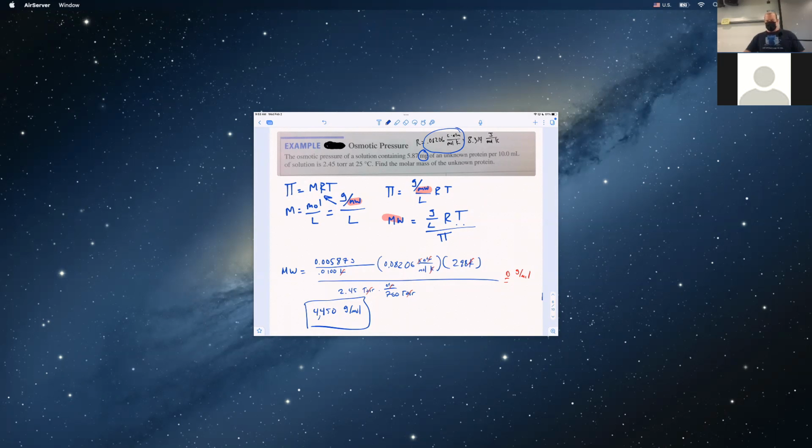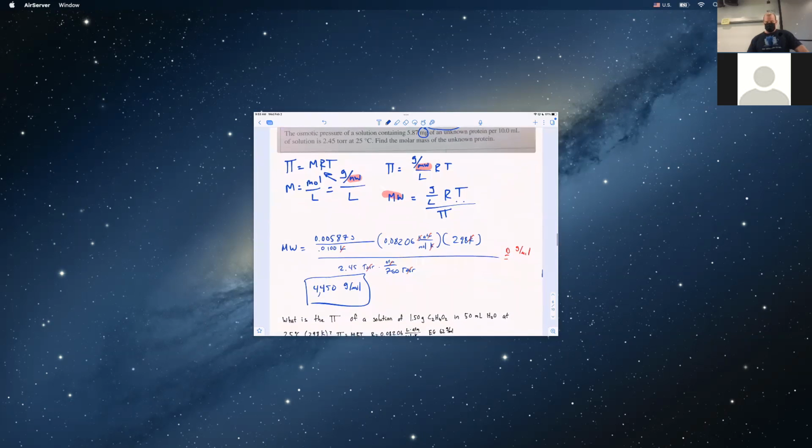We solve for molecular weight, and we find that molecular weight equals the mass of the substance divided by the liters of solution, times the gas law constant times the temperature, divided by the osmotic pressure. Then we put in the numbers, make sure we have the right unit conversions, and we get 4,450 grams per mole. So any questions on the math at all?